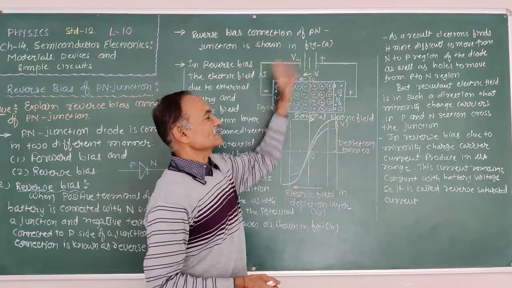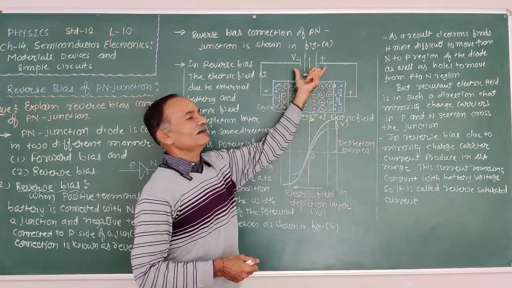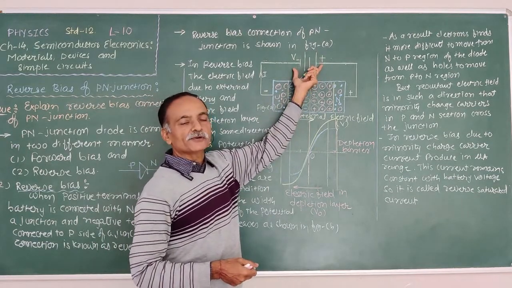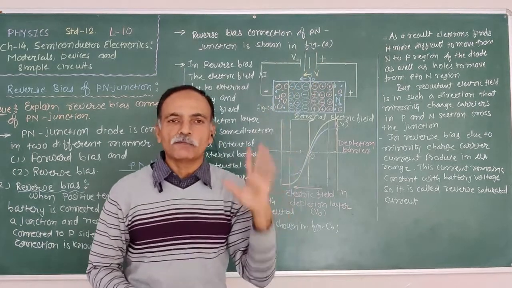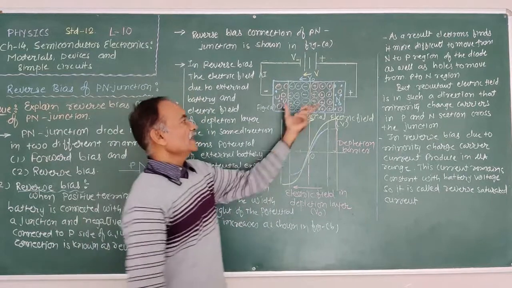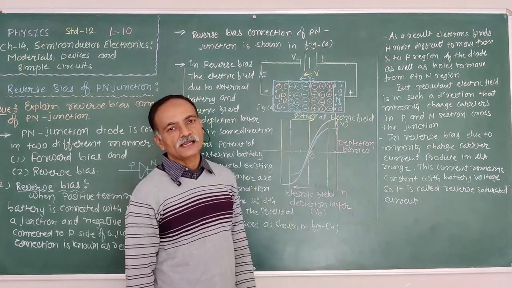V0 is the potential of the electric field existing in the depletion layer. Now we connect the external battery in reverse bias. Therefore, the electric field due to the external battery is also in the same direction as the electric field existing in the depletion layer.